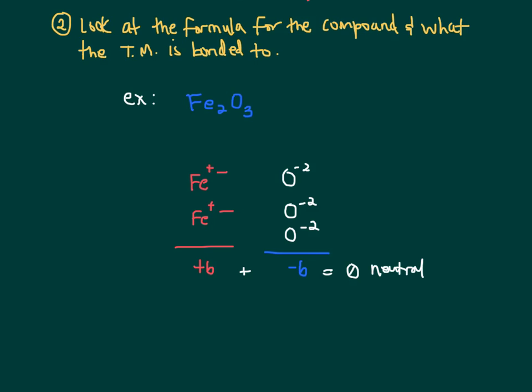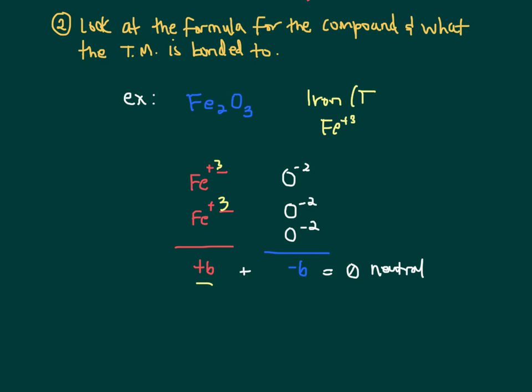Because we want our entire compound to not have an overall charge. So the only way for that to happen is if your irons each carry a +3 charge. If you add 2 of those together, you're going to get your +6 that'll cancel out your -6. So in this particular case, each of your irons has a +3 charge.